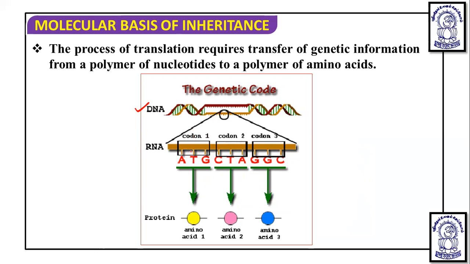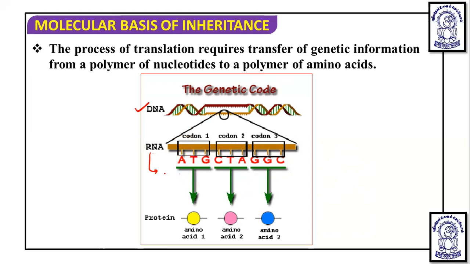On this DNA, ATG, CTA and GGC are there, so thymine cannot be there in RNA. Now on the basis of this DNA, if RNA gets synthesized, this is the codon on the DNA.